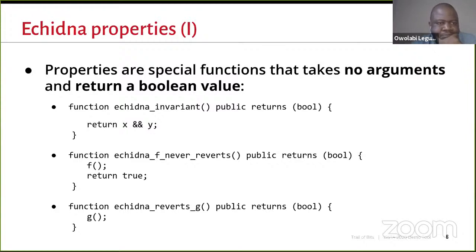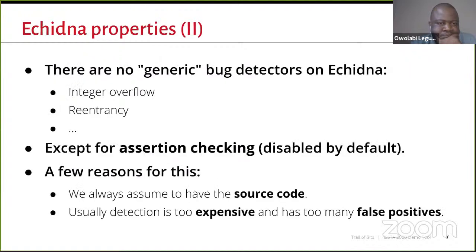There's no easy way to have bugs in smart contracts unless you define them, so you can just code them as a Boolean function. We don't have generic bug detectors, because it can be too expensive to detect and to do the instrumentation, and we always have source code.